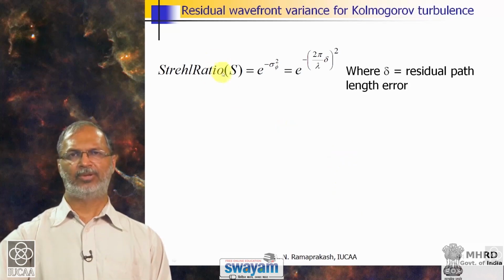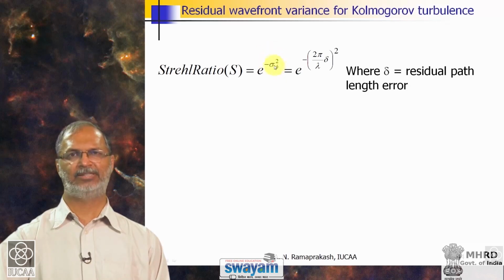Now, if you look at the Strehl ratio of the telescope, it can be expressed by e raised to minus sigma phi squared, where sigma phi is the residual wavefront phase aberration. So, e raised to minus of this residual wavefront phase aberration squared is typically the Strehl ratio.